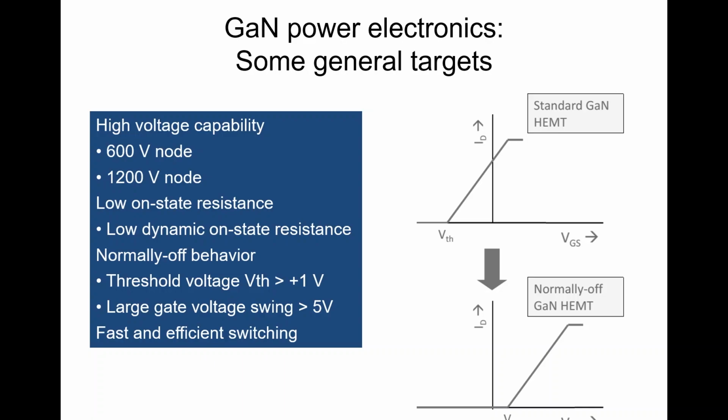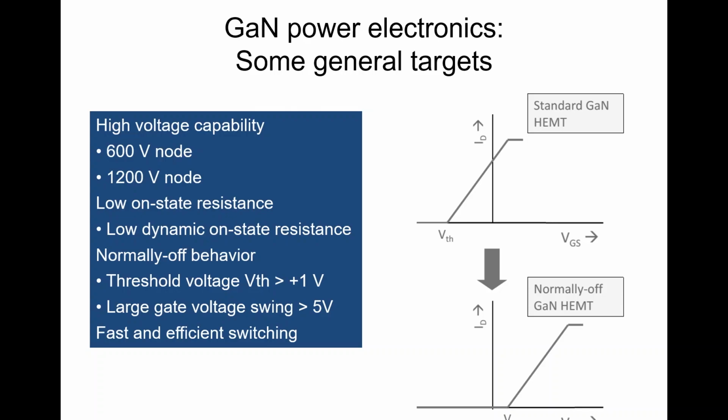So you want low on-resistance, as we discussed. You also want this low dynamic on-resistance. I'll come back to this point. And normally-off operation for safety, which means a threshold voltage well beyond 1 volt. So this has also been a struggle at some points with large gate voltage swing.